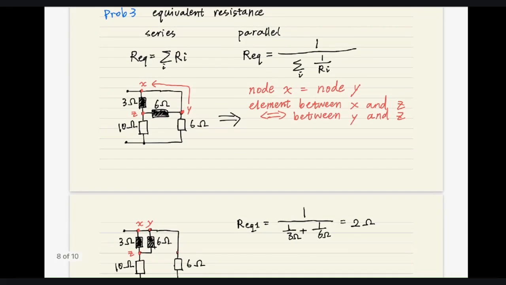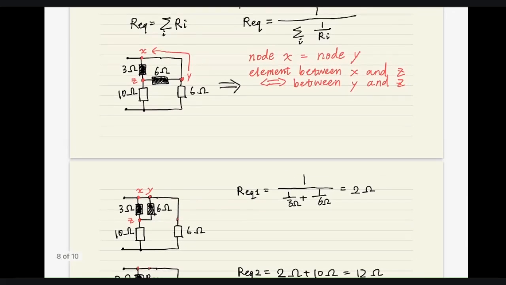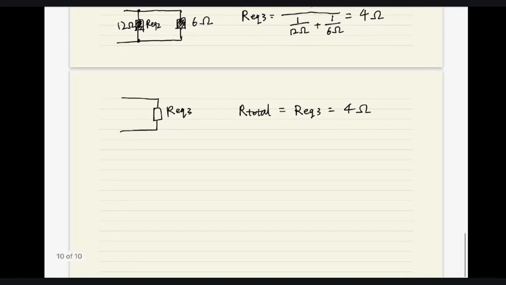So the key idea behind this kind of exercise is to remember that every point on an ideal conductor is equivalent, and you can make it shorter, longer. You can move the node all the way along the conductor. That is the key to the solution.